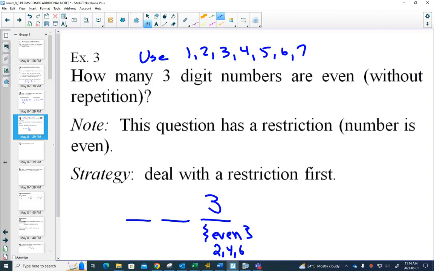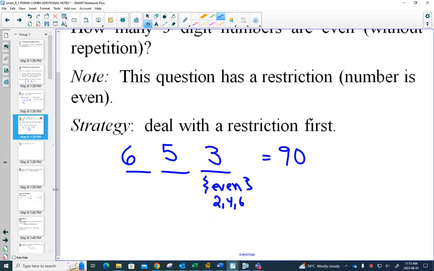Now, you've used up either the 2, the 4, or the 6. You don't know which one, but you've used up one of them. Does it make sense now you only have 6 numbers left, then 5? Multiply this together, and there would be 90 3-digit numbers that are even if you only use the numbers 1 to 7.